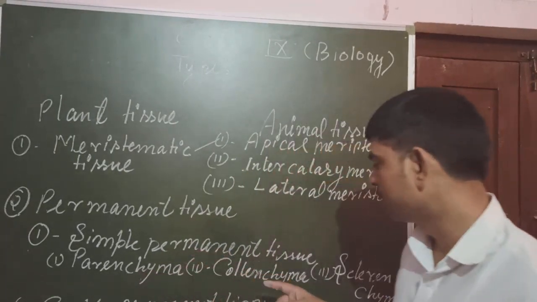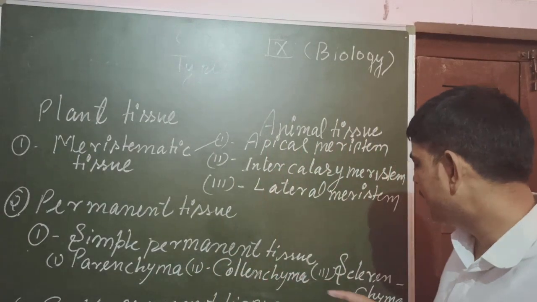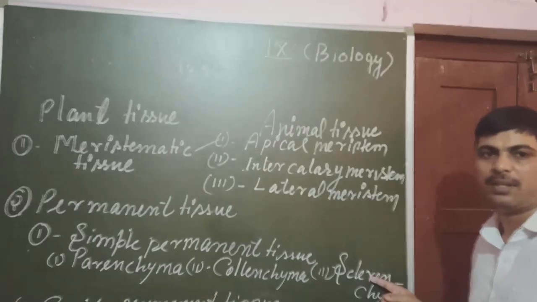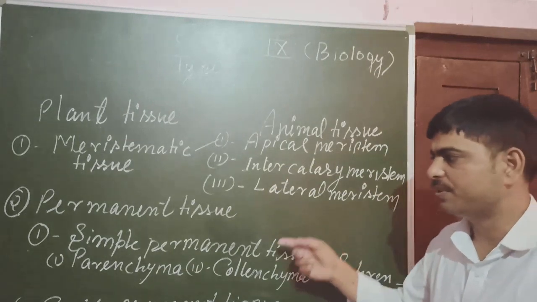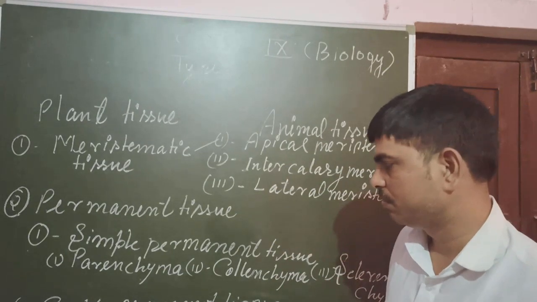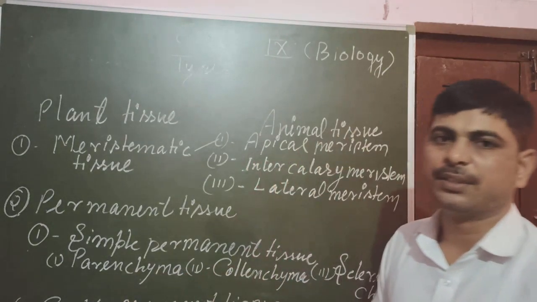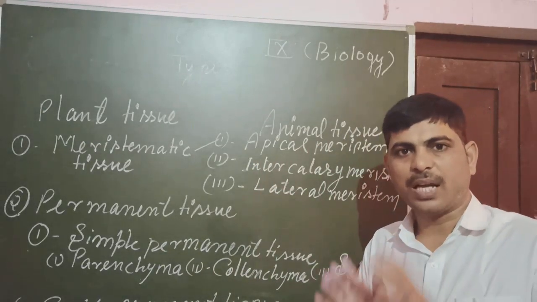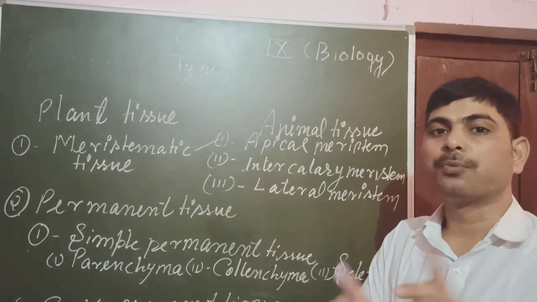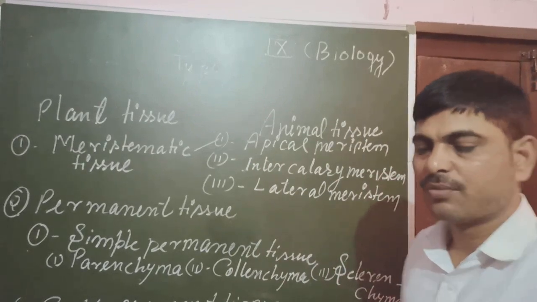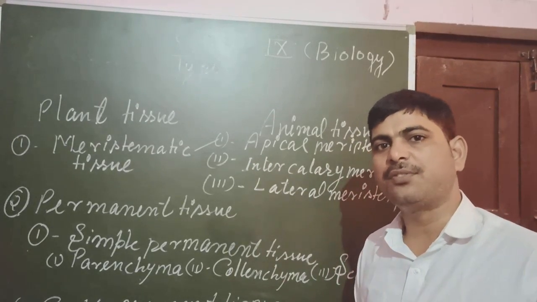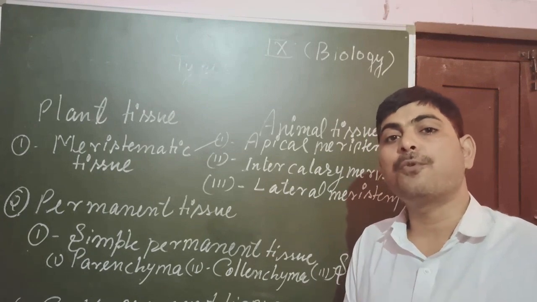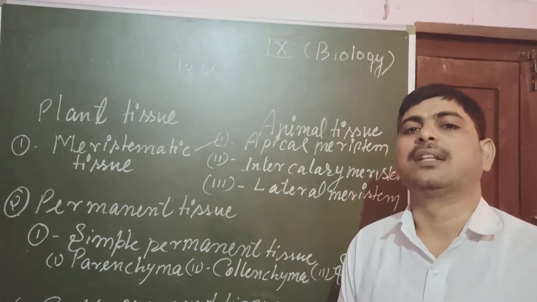Okay, this simple permanent tissue is also divided into 3 categories: parenchyma, collenchyma, and sclerenchyma. Complex permanent tissue also has 2 types: xylem and phloem. Xylem and phloem each are made up of 4 different kinds of cells.